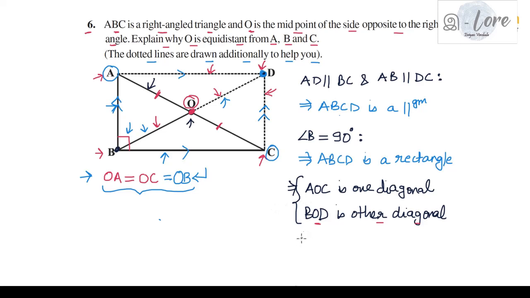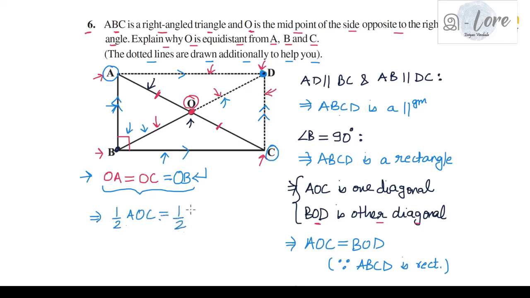The interesting thing about any rectangle is that the diagonals are equal. This means that AOC must be equal to BOD, because ABCD is a rectangle, and in any rectangle the diagonals are equal. So their halves will also be equal. Half of AOC will be equal to half of BOD.